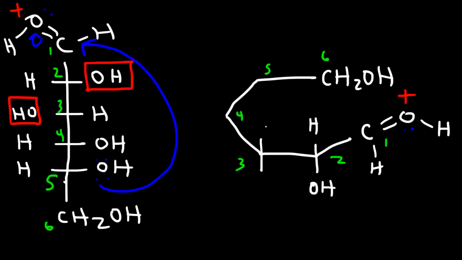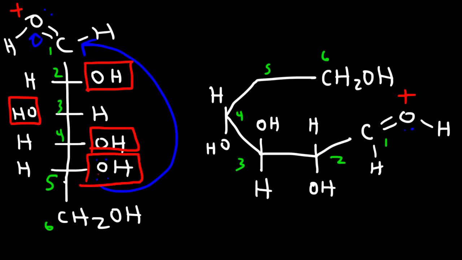So in this case, it needs to be facing upward in the cyclic structure. Now, for carbon 4, it's on the right side. So therefore, it has to be going in the downward direction. And at carbon 5, the OH is on the right side, so it's also in the downward direction. So this is what we initially have.